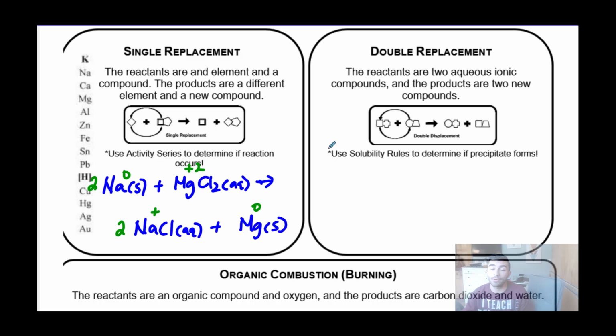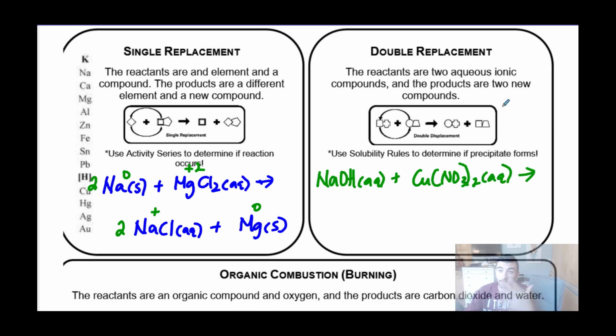For a double replacement reaction, this was all about whether or not we were forming a precipitate, so we have to know our solubility rules. So let's take sodium hydroxide plus copper 2 nitrate. Now with this, we can't predict whether or not it will happen just from the reactants. We have to predict what the products will be.